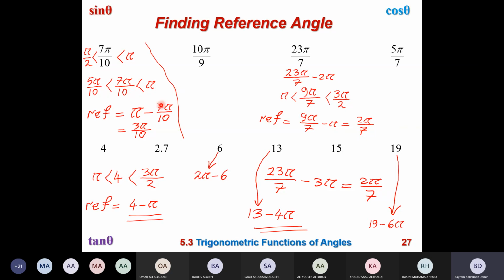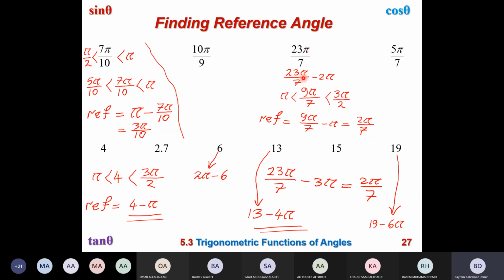Yes. Okay, thank you. Mesela, we have 23 pi over 7, which is greater than 1 rotation, of course.